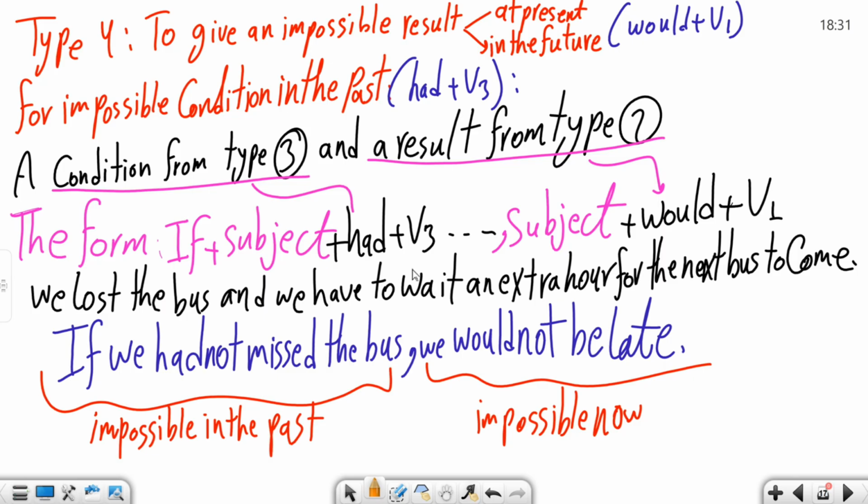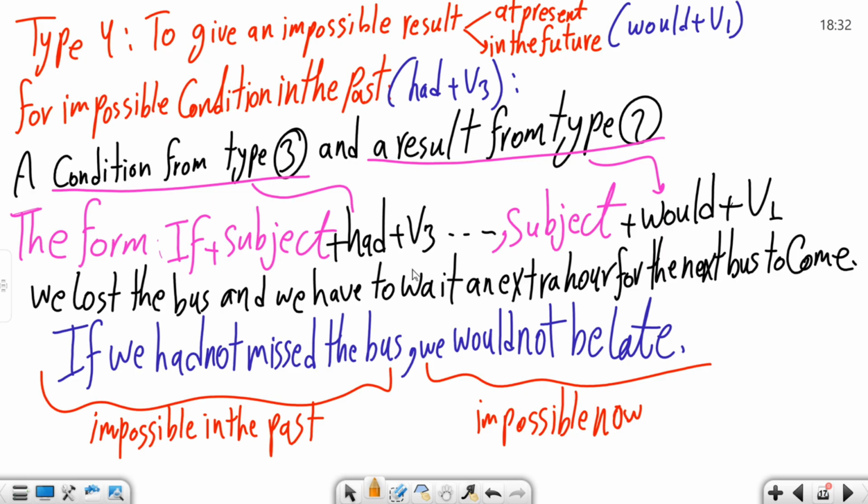Now, my friends, type 4 is the last type and is one of the most important types because a lot of English teachers in the world, a lot of English learners don't understand the main point of this type of conditional sentences.